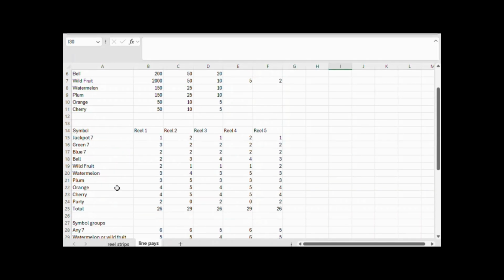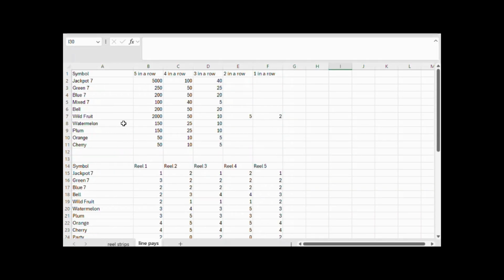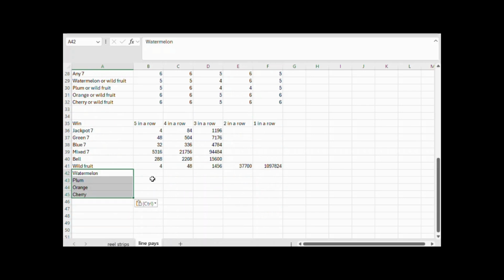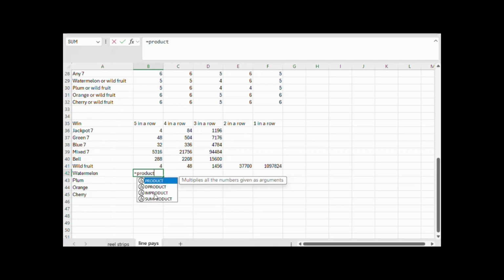Next, let's find the combinations for the watermelon, plum, orange, and cherry. So I'm going to copy and paste those symbols down, and let's start with the number of combinations for 5 watermelon. And remember, there is a wild fruit symbol which can count for any fruit.